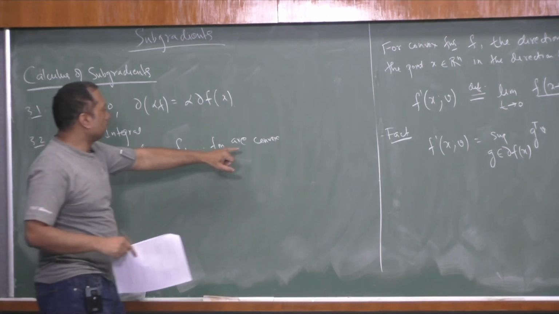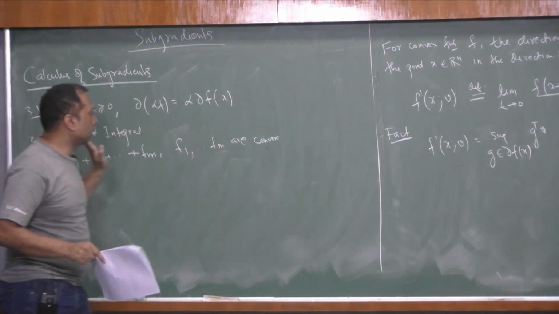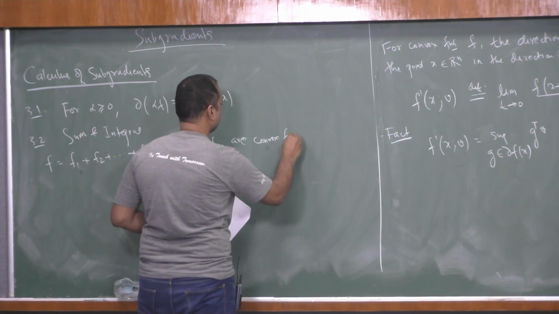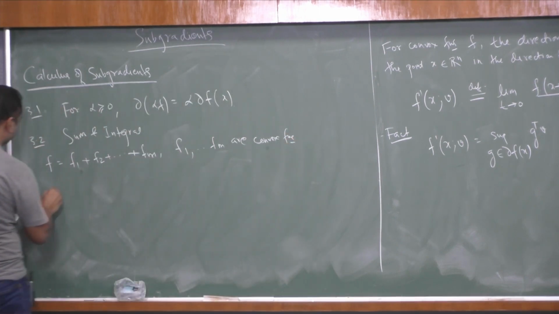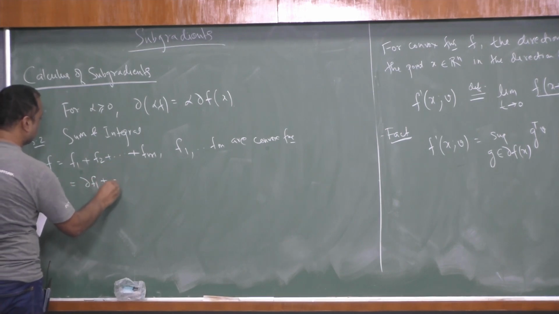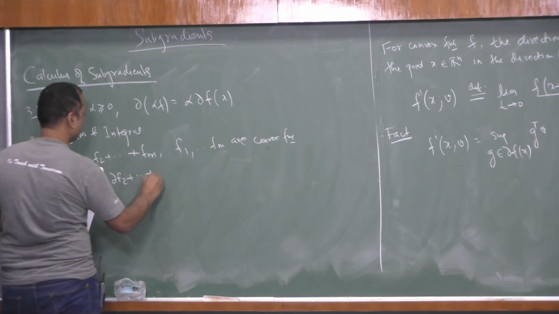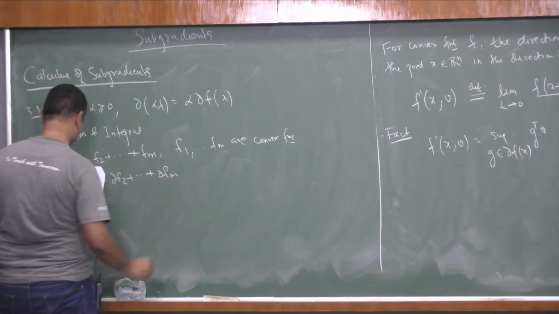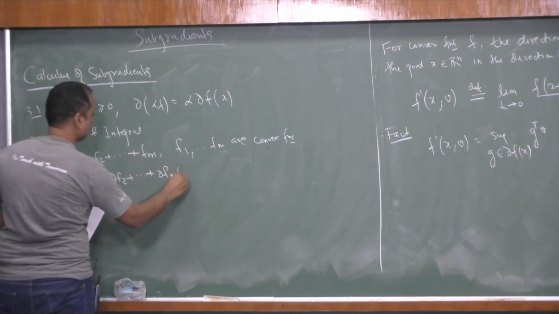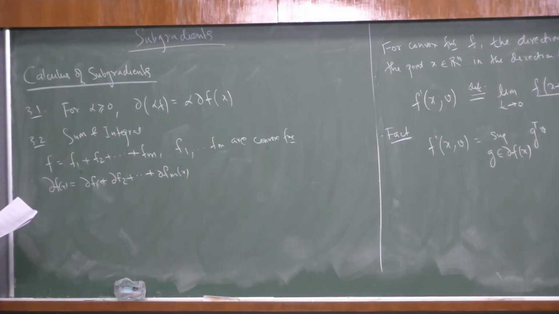It happens only for convex functions; if they are not convex, it is tricky. So if these are convex functions, then the subdifferential of f is the sum of the subdifferentials of the fi, obviously all at x. This is true only if the fi are convex.